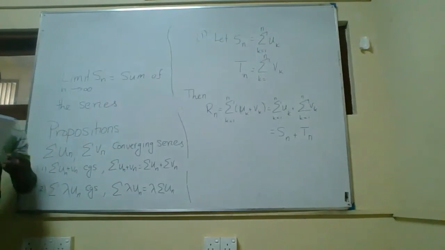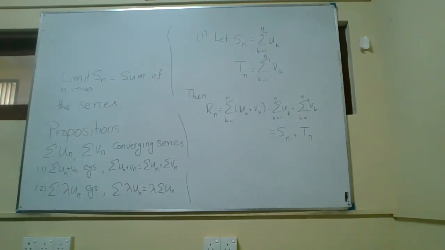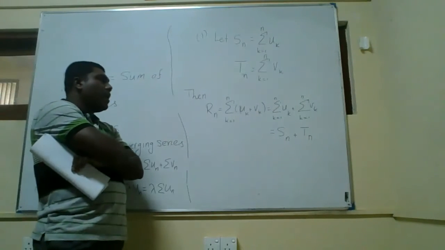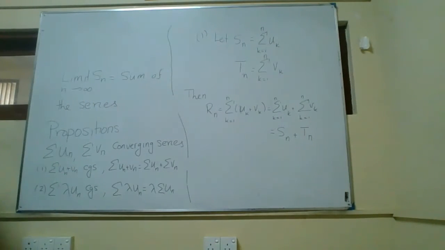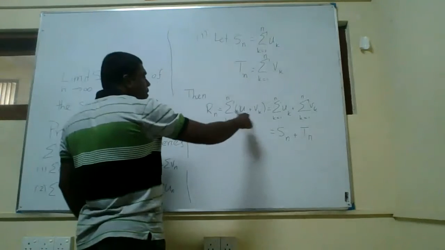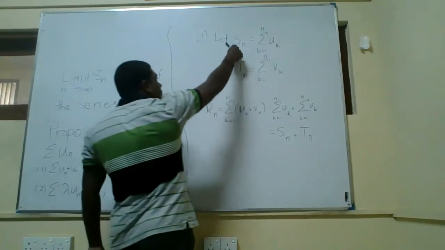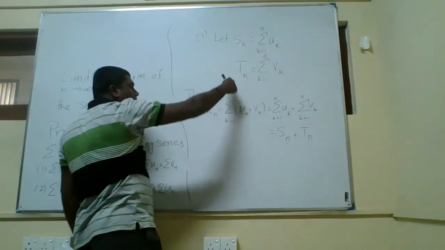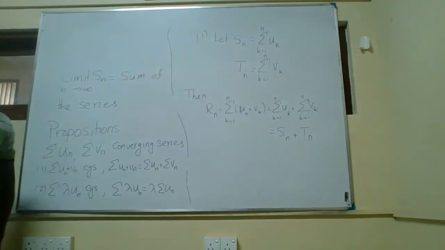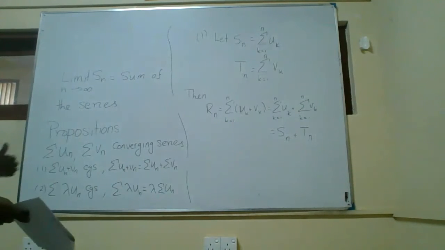So in terms of partial sums, we have a relationship between Rn, the partial sum of uk plus vk, Sn, the partial sum of uk, and Tn, the partial sum of vk. Now it becomes a sequence. From a series, you ended up with a sequence. Sn is a sequence, Tn is a sequence, Rn is a sequence. That is why you always take partial sums whenever you are dealing with series.